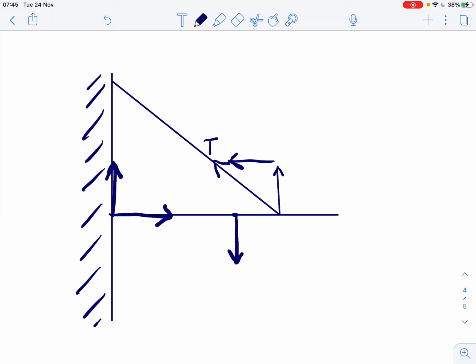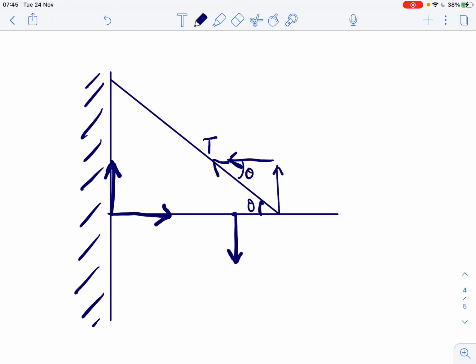Okay, so if I know, say, this angle theta, then I can work out this angle theta. They will be the same due to alternate angles, and I'd have T sine theta going up, T cos theta going horizontally.